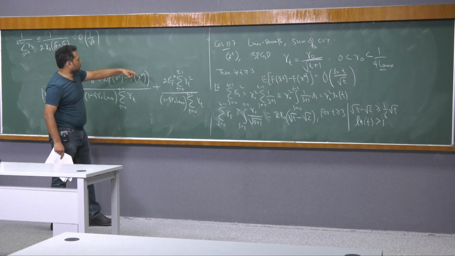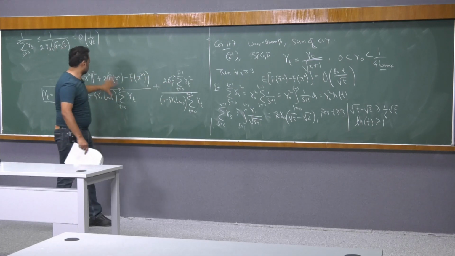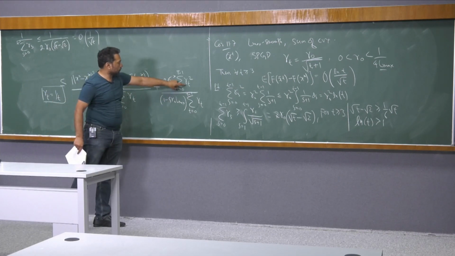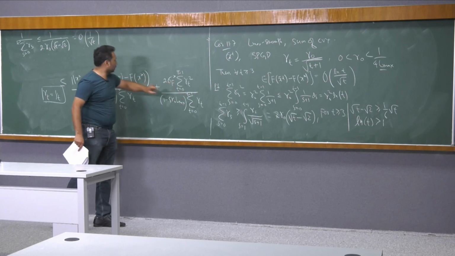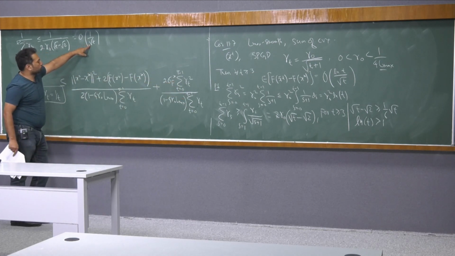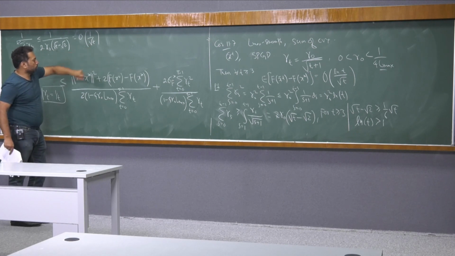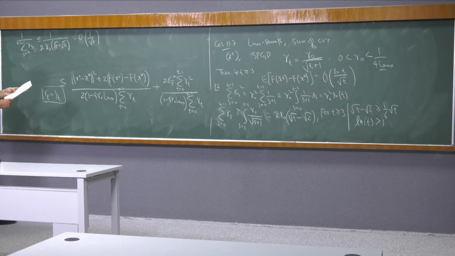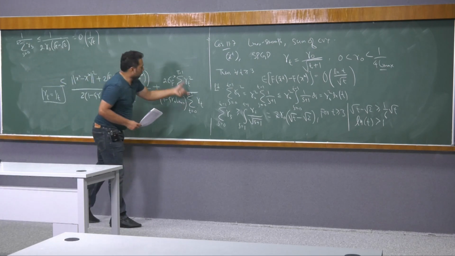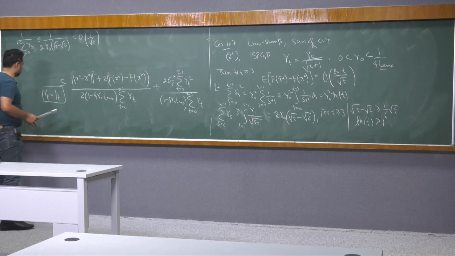So basically this will be dominated by this now because log t is sitting here, multiplied by this square root of t. If we look at the whole term, they have written just this guy. So we can also do the same.